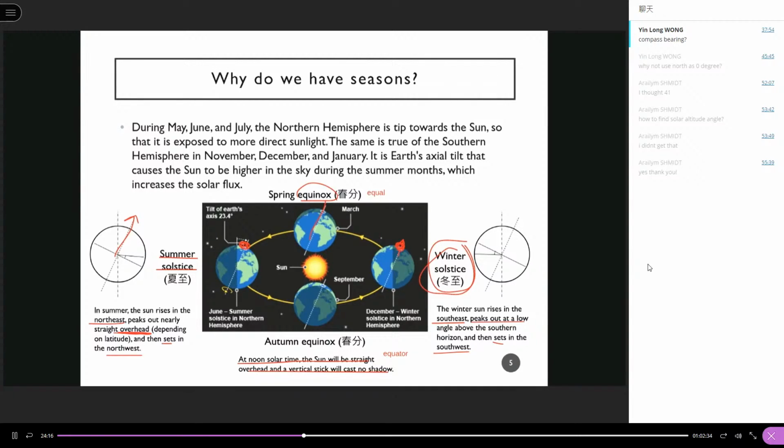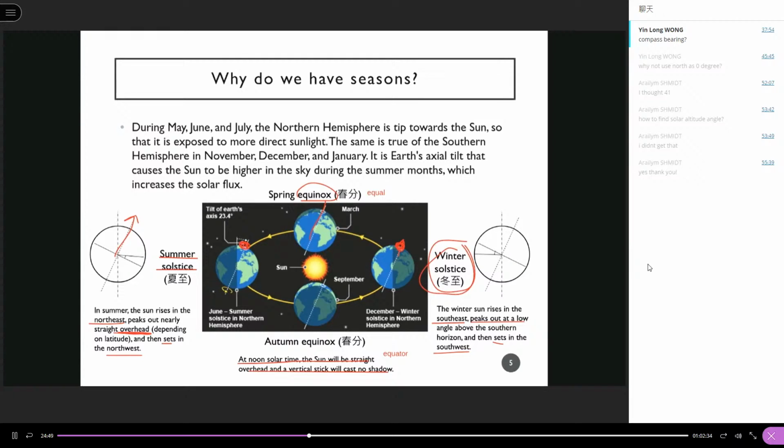If you are in the equator and the date is 21st of March or 21st of September, then at solar noontime, a vertical stick will have no shadows. So this is the characteristics of these 4 particular dates in a year. Okay, 4 special dates. I want you to remember what are their characteristics.